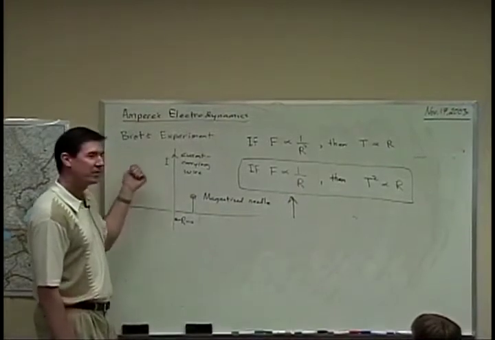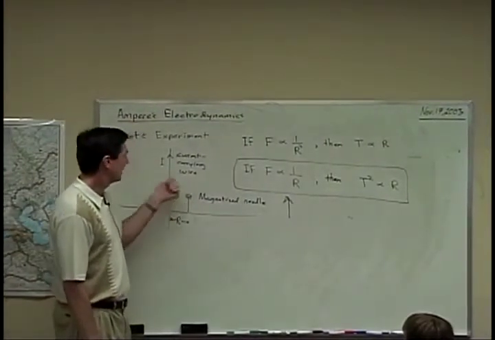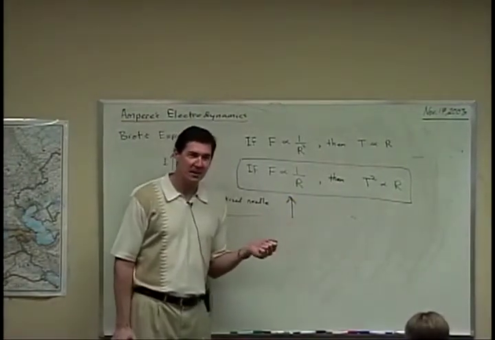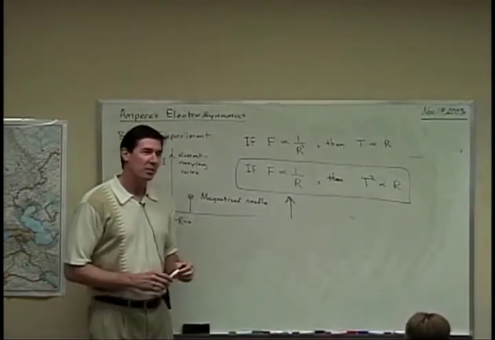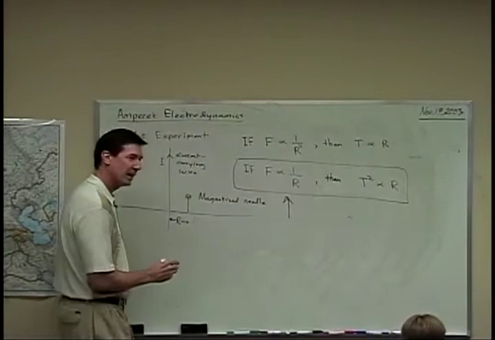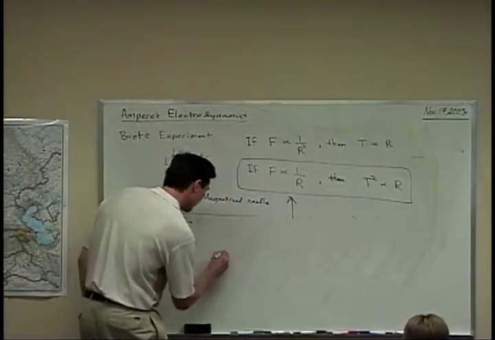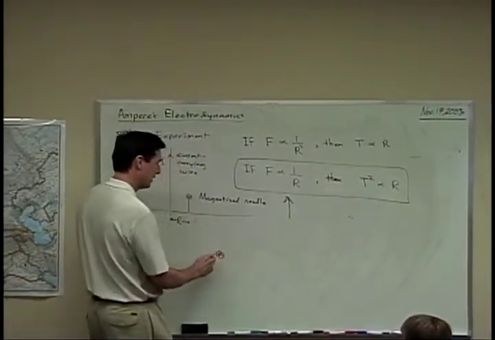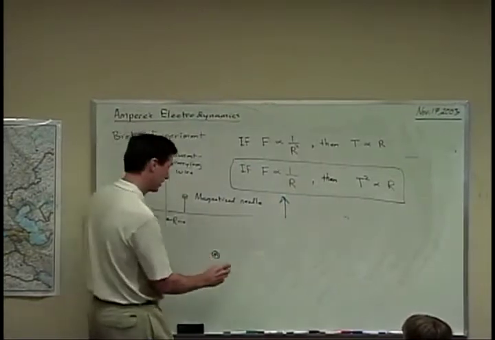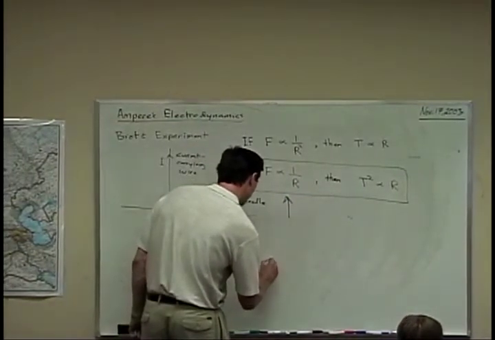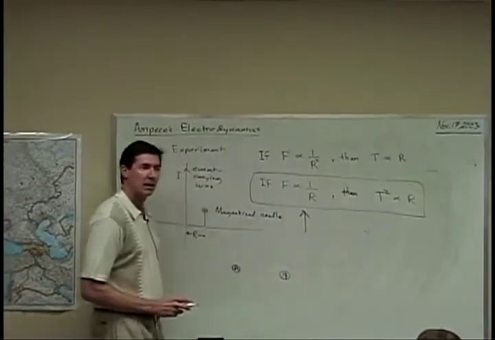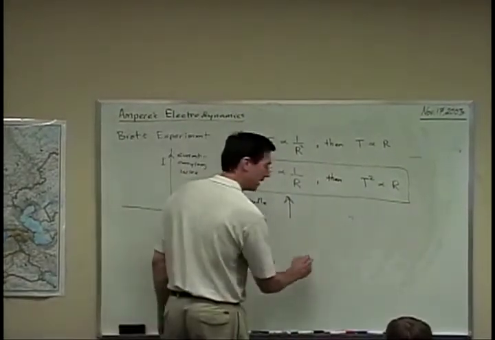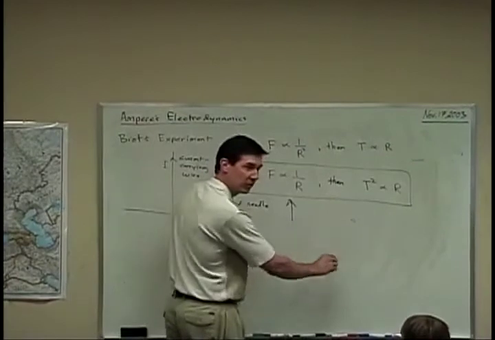Ampere and Biot, though, figured out that this wasn't actually all that surprising, because in those first two cases that I talked about, we were talking about the force from, say, some little mass, just localized in one location, or a little ball with some charge on it, and how the force decreased as you moved away.